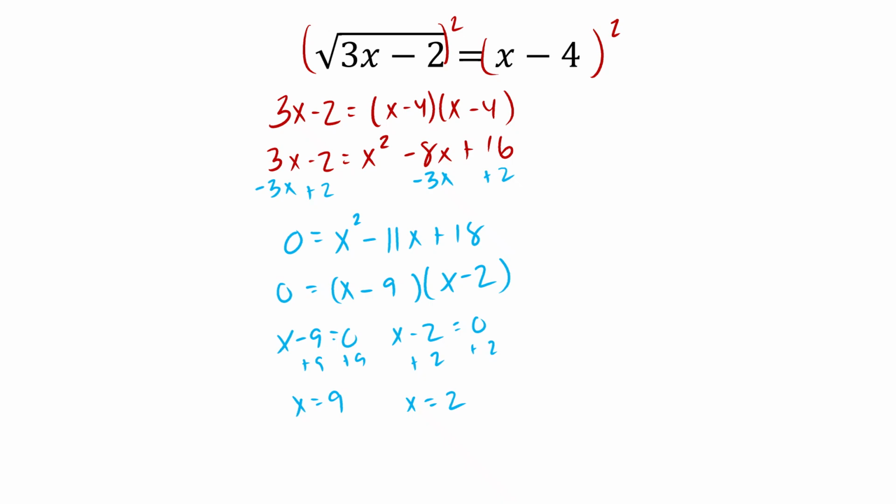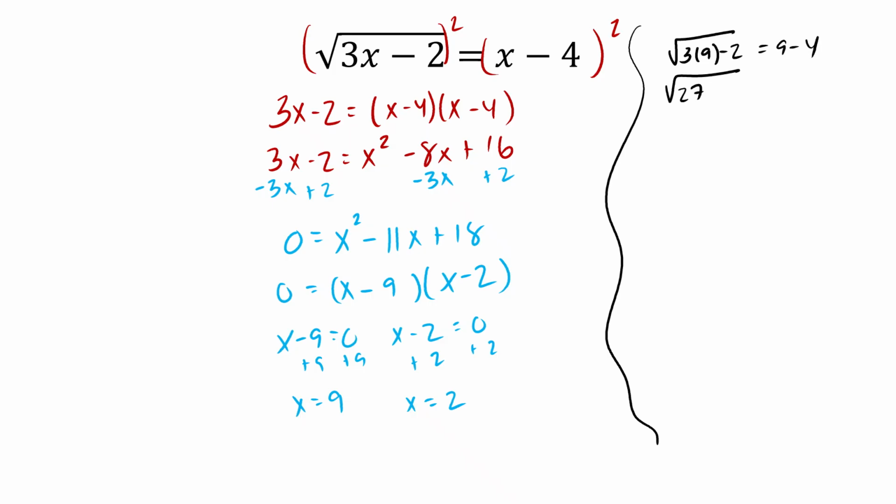Now, this one asked for an algebraic check. So we're going to take our original equation and plug in a 9. 3 times 9 is 27. 9 minus 4 is 5. 27 minus 2 is 25, and 5 is equal to 5. So the first one checks.